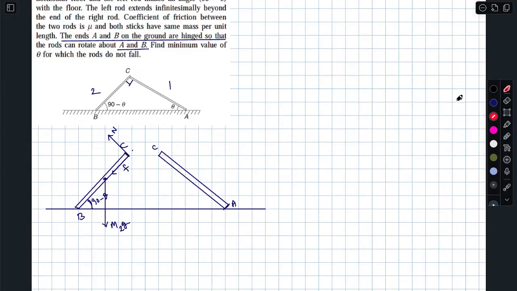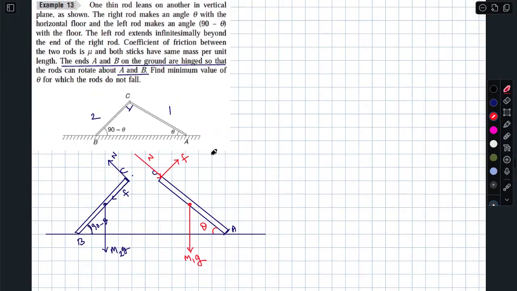So on CA, what are the forces? This is action. This is the reaction, normal reaction. This is how you will have friction. M1g, theta.